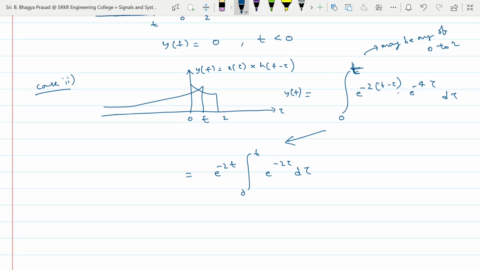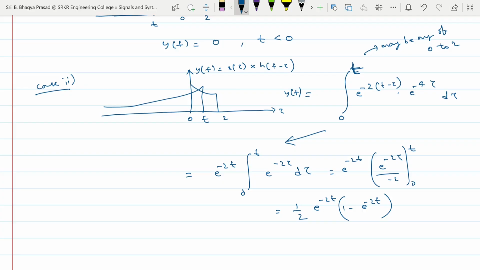Plus 2 tau minus 4 tau will be e power minus 2 tau. So this is e power minus 2t times e power minus 2 tau by minus 2. Substituting the limits, you will get 1 by 2 e power minus 2t, and substituting 0 and making minus minus plus, 1 minus e power minus 2t.